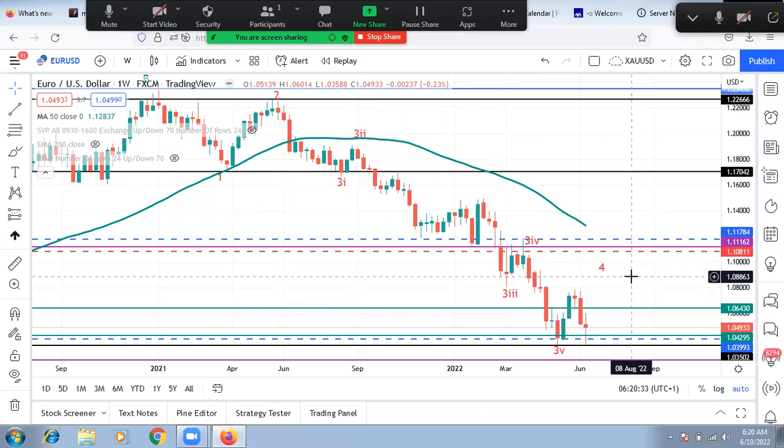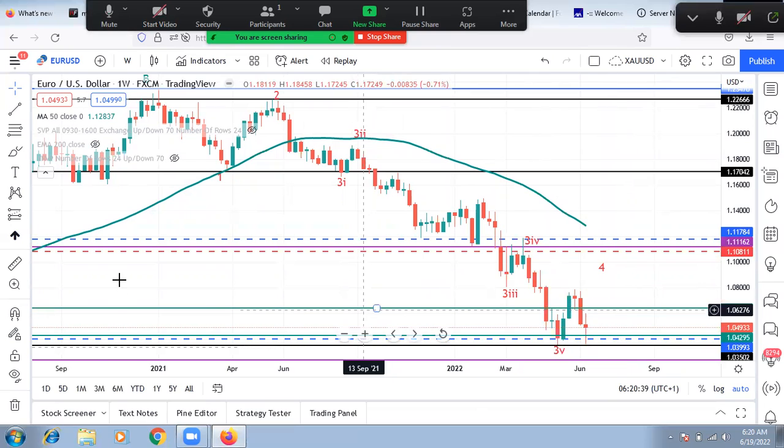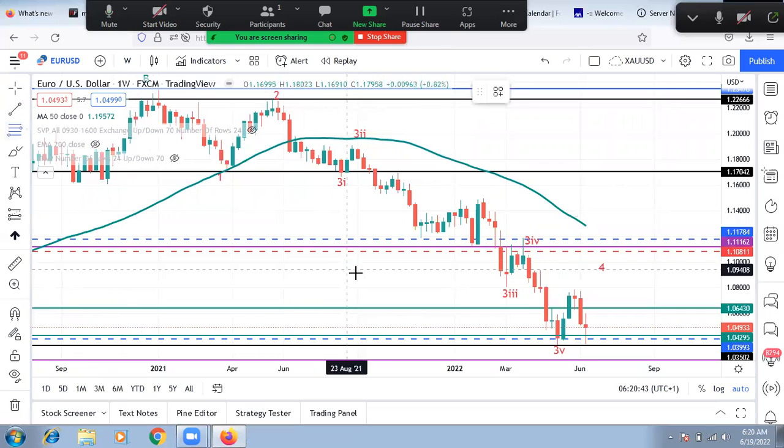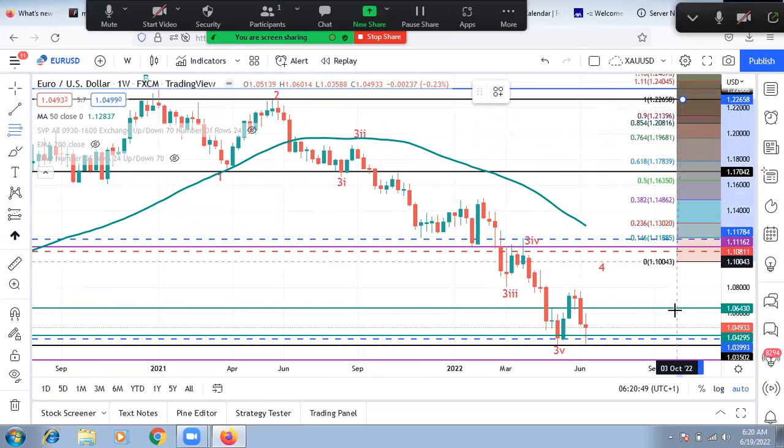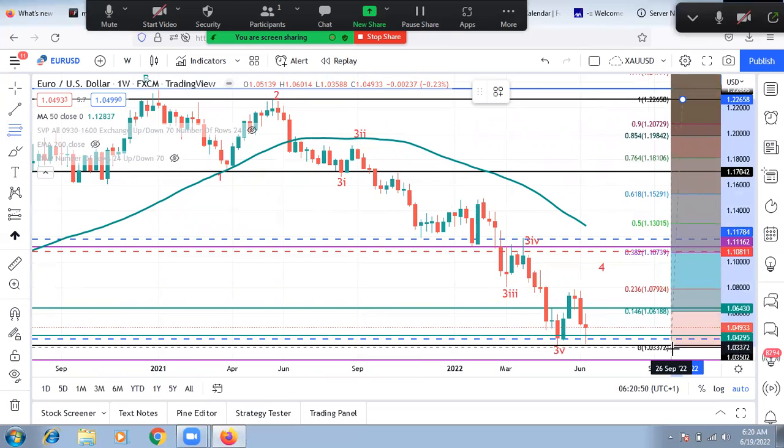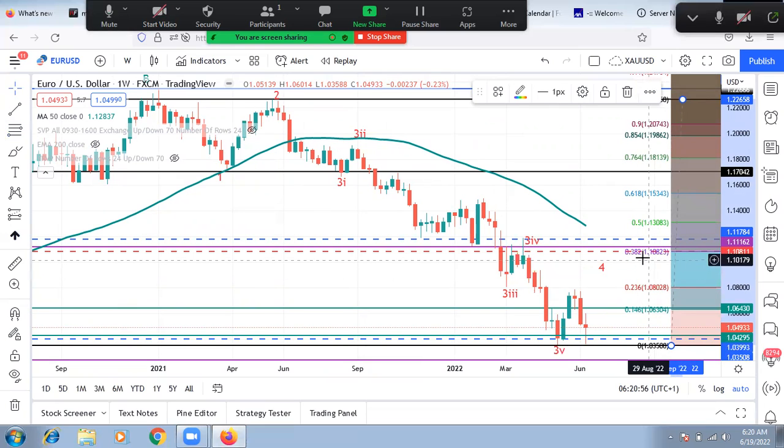So now, here is the thing that I told us. This is wave 2, and this is wave 5. And I said, what we expect is a retracement of wave 2 to wave 5. We expect a retracement of 38.2.